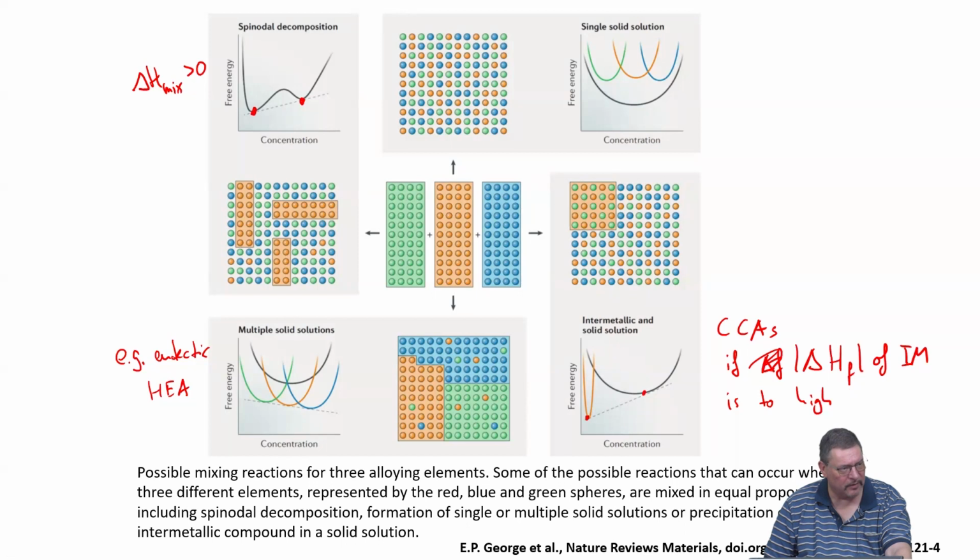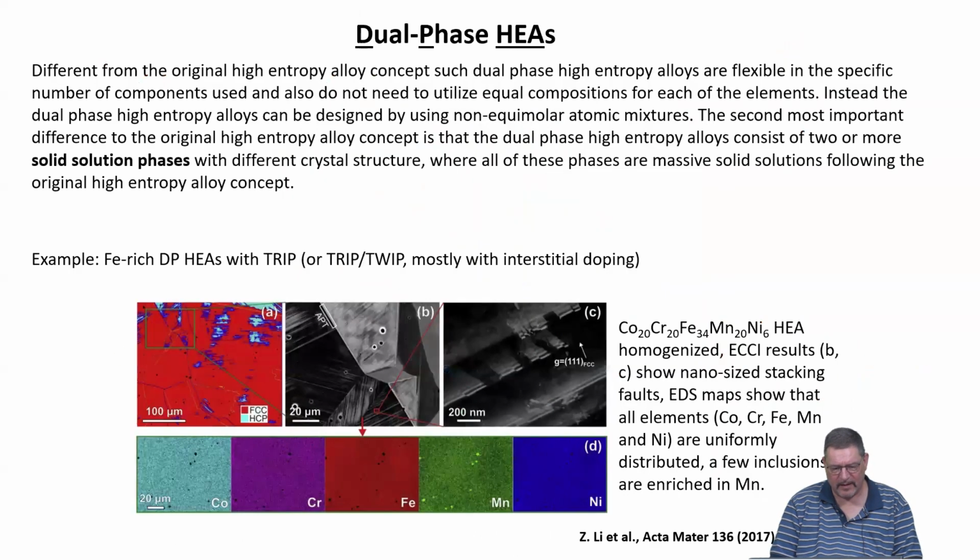If the magnitude of the formation enthalpy of the intermetallic is too high, or we could get a high entropy alloy as a single phase solid solution. And all of these possibilities depend just on the thermodynamic quantities, but the thermodynamic quantities also depend on atomic radii, which are effective values, and depend on electron concentrations and so on.